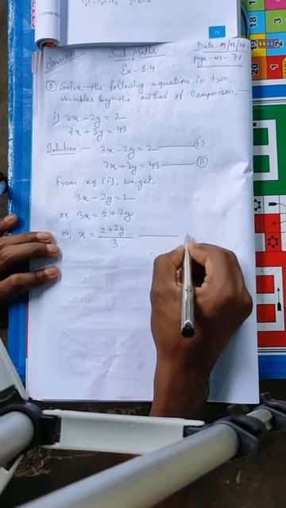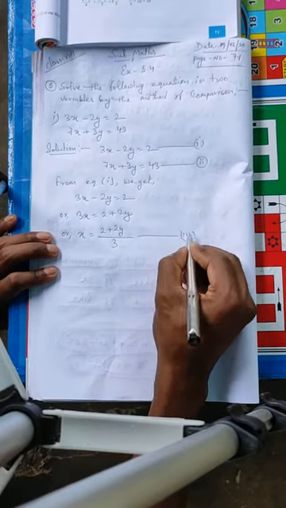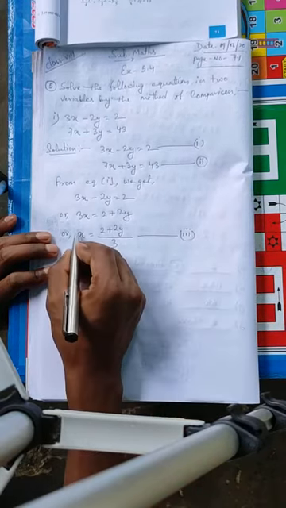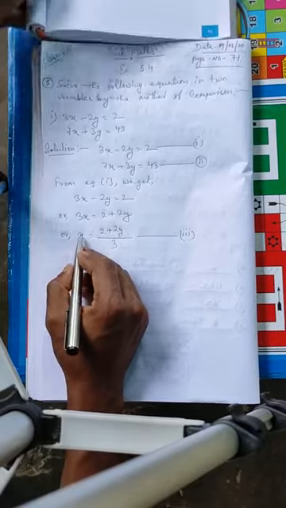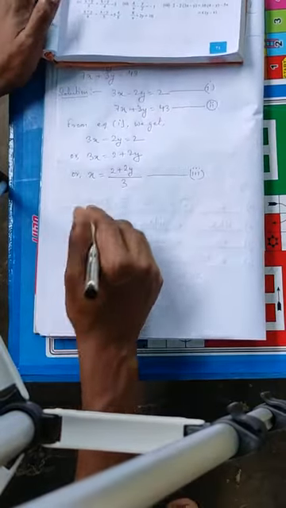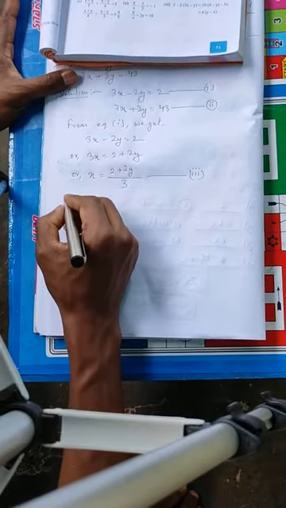That is equation number 3, because we have found the value of x.